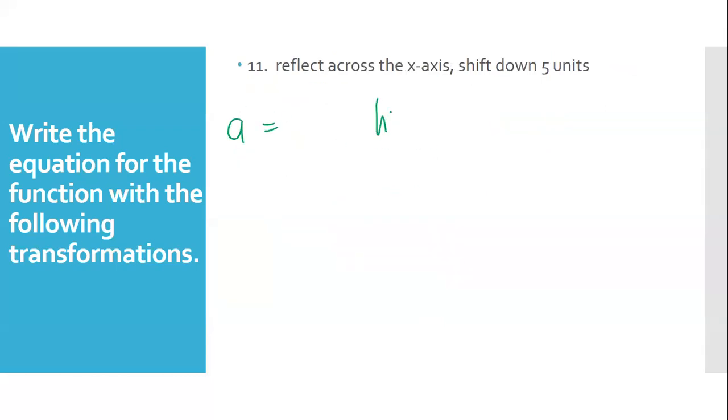A equals, H equals, K equals. Okay, what is our A equal? Because it says reflect, right? It has to be a -1. Now, if it also said a stretch or a shrink value, then it would be negative that number.